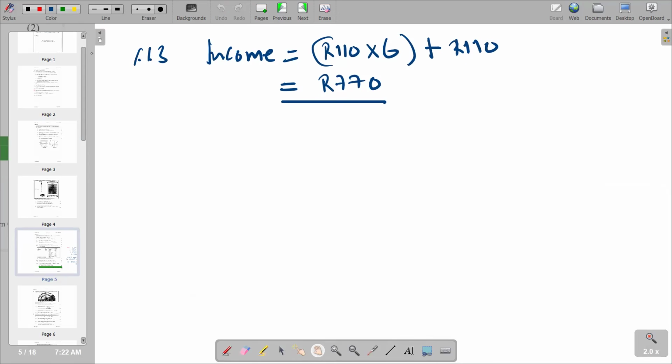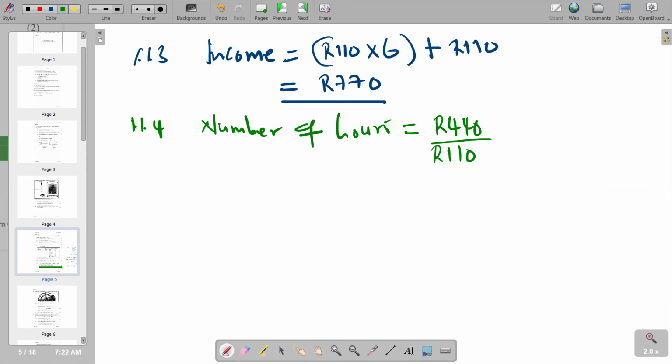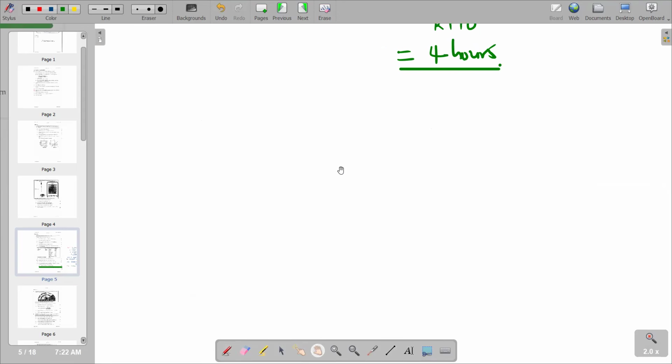We present this as 1.1.4, and we are calculating the number of hours. It is equal to the total that we are given, and then we divide by 110 representing 1 hour, which means we've got 4 hours. So this is what we have on this part.